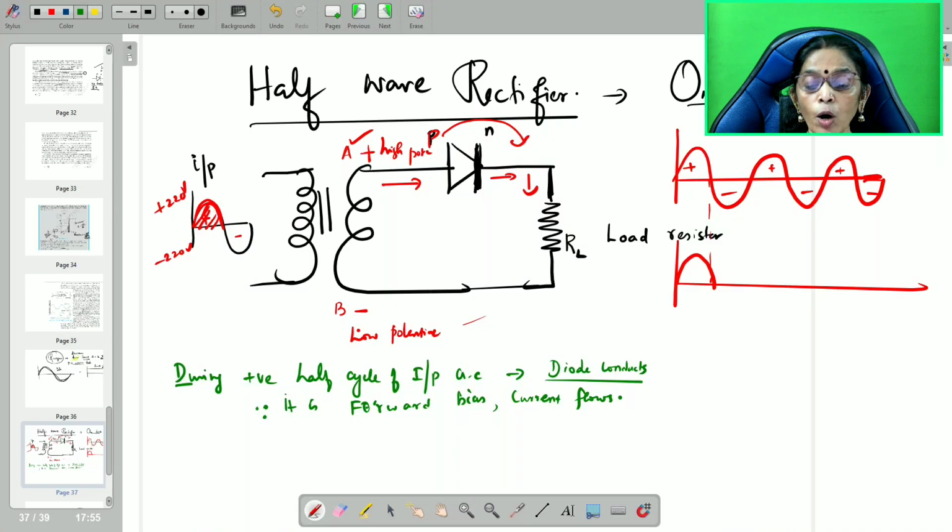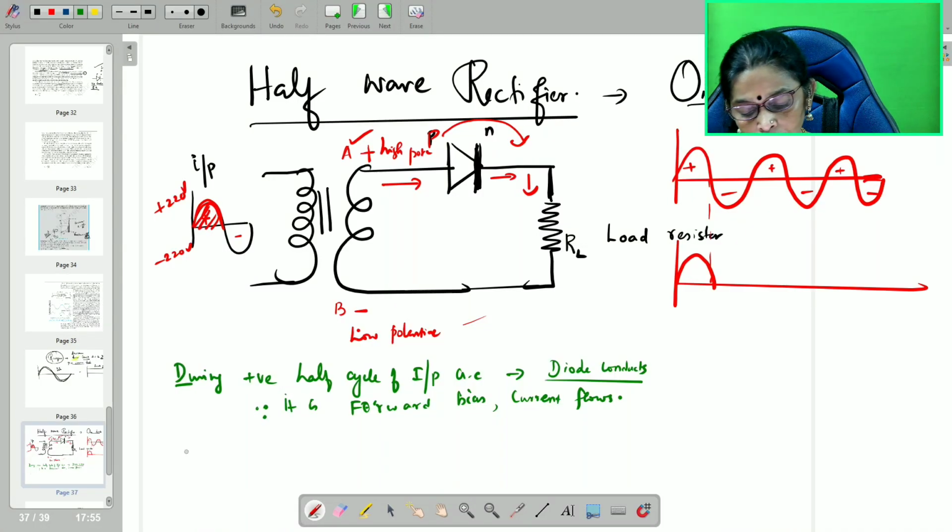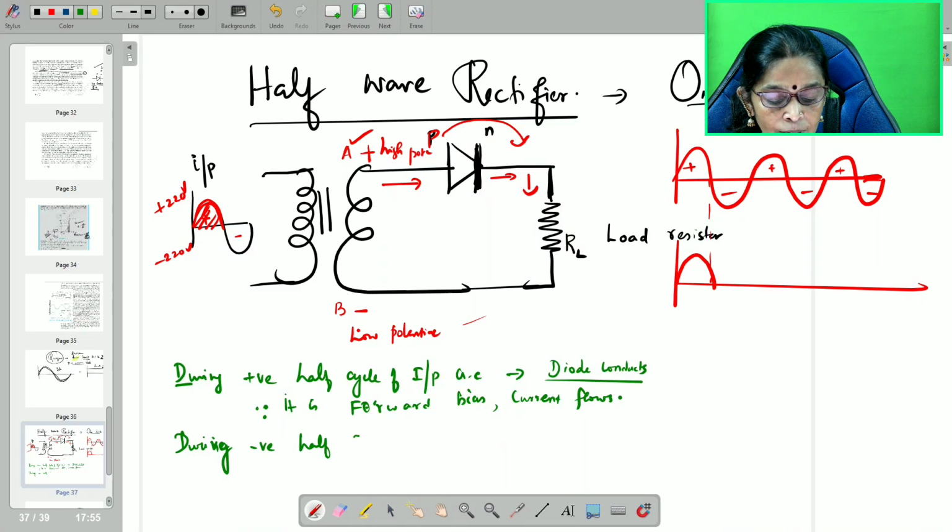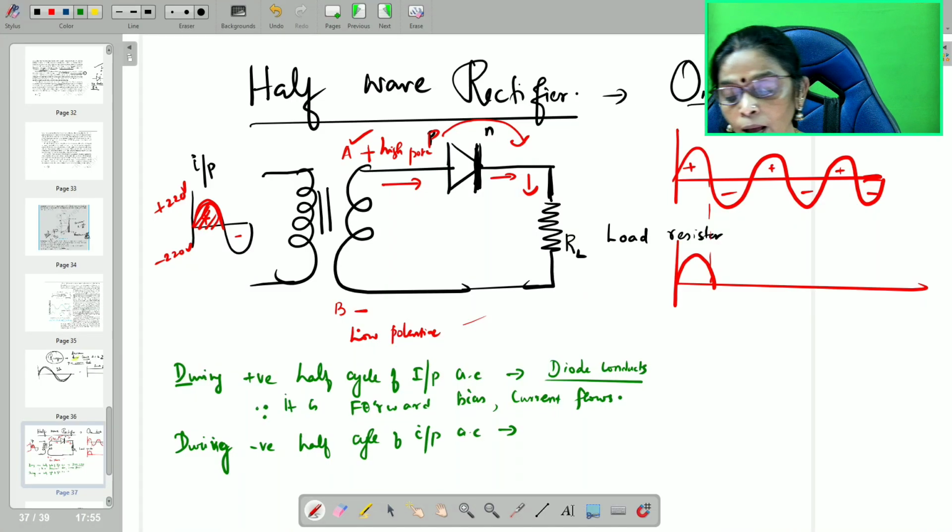Now tell me, children, what is happening in the negative half cycle? Can you predict and guess? During the negative half cycle of input AC, A becomes lower potential and B becomes higher potential.